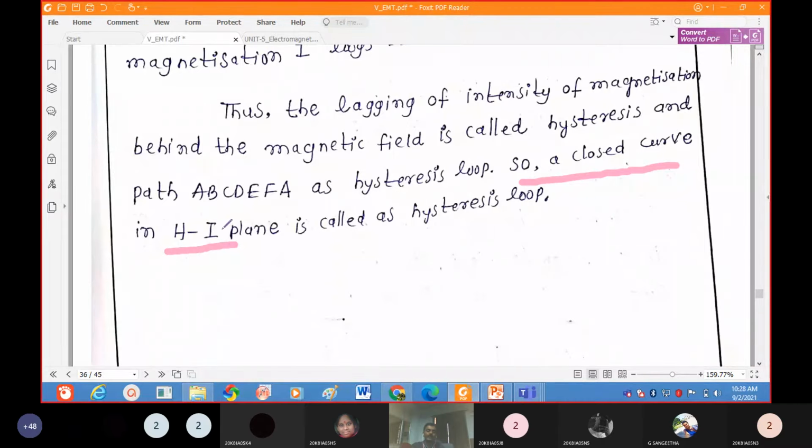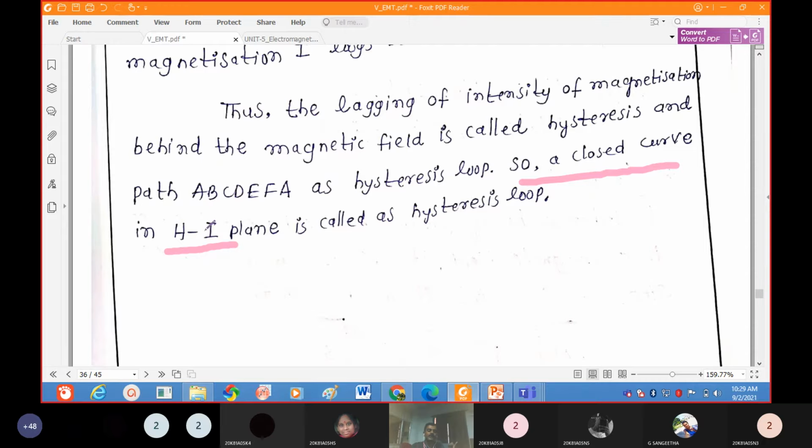Instead of B we can take I, or we can take M also. If they ask particularly for an HI curve, then instead of B you write I. Otherwise it is an MH curve or HM curve, where you write M instead of I. Otherwise, BH curve.